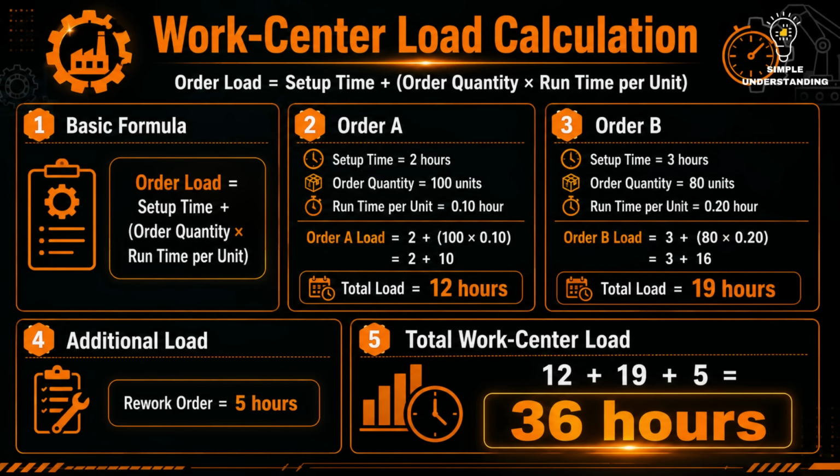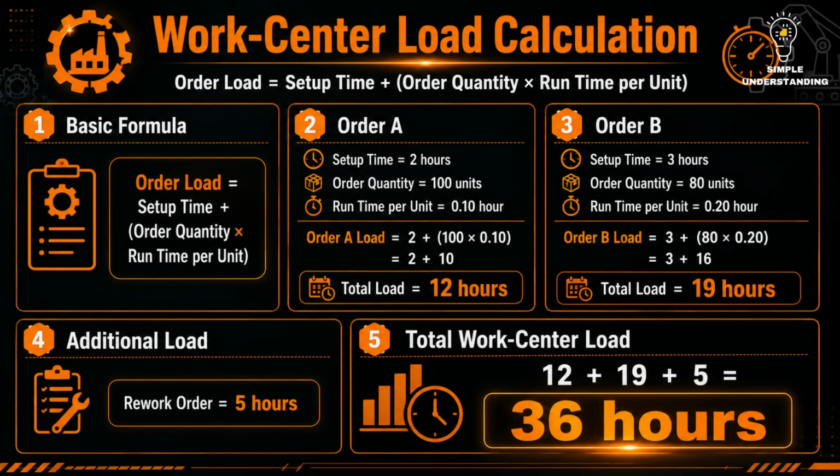A basic formula is order load equals setup time plus order quantity multiplied by runtime per unit. Suppose order A requires setup time of 2 hours, order quantity of 100 units, runtime of 0.10 hours per unit. Order A load equals 2 plus 100 multiplied by 0.10.